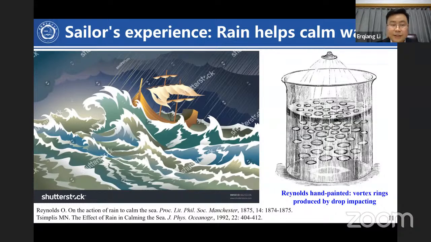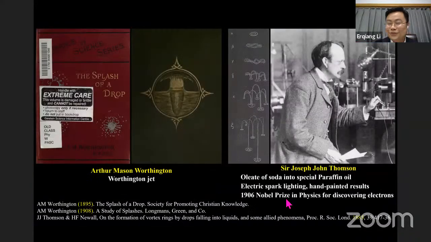Then later, Arthur Worthington, I think if you do drop impact or related topics, you are familiar with these names. And also Sir Joseph Thomson, who won the Nobel Prize in Physics for discovering electrons, but in the early stage he also did drop impact experiments. They did some very nice work on these topics.